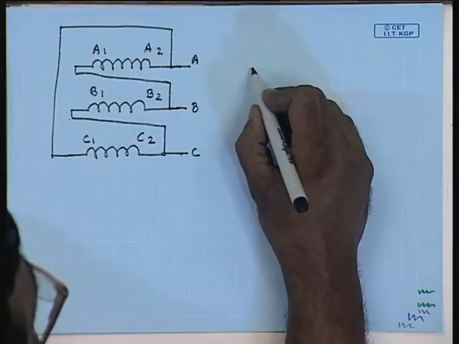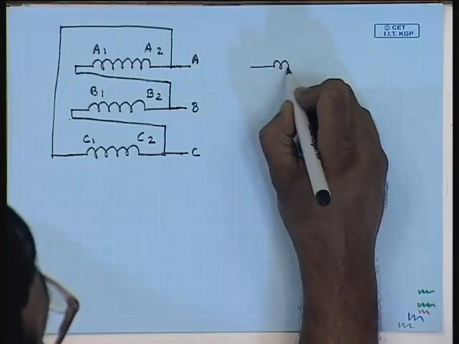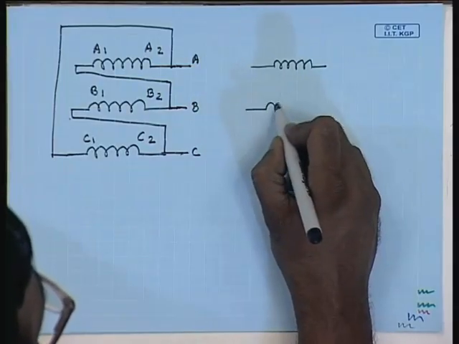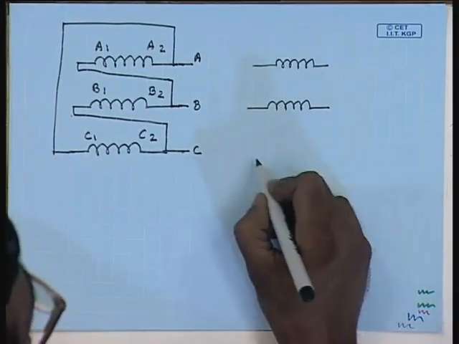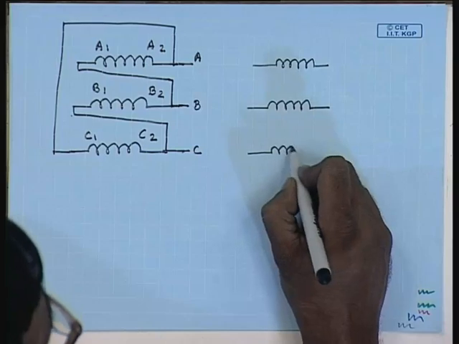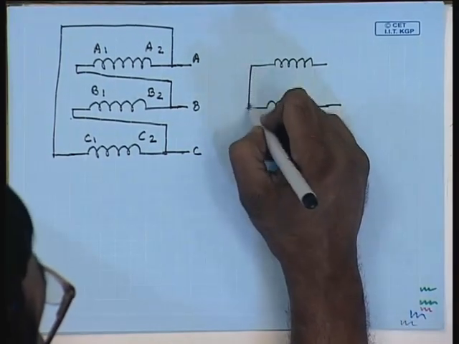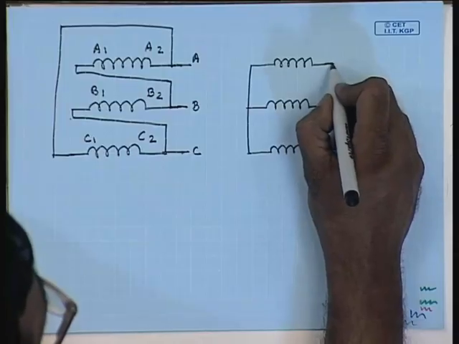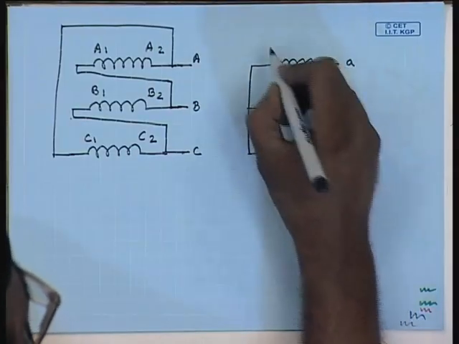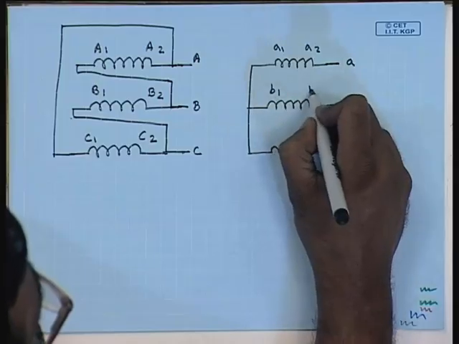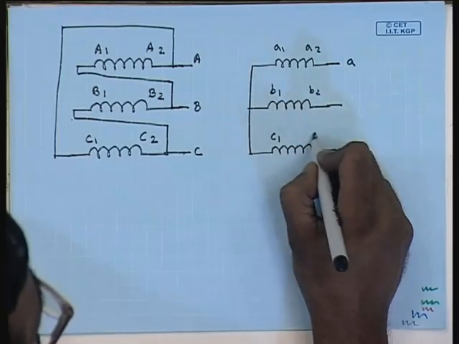On the low voltage side, we had this: A1, A2, B1, B2, C1, C2.